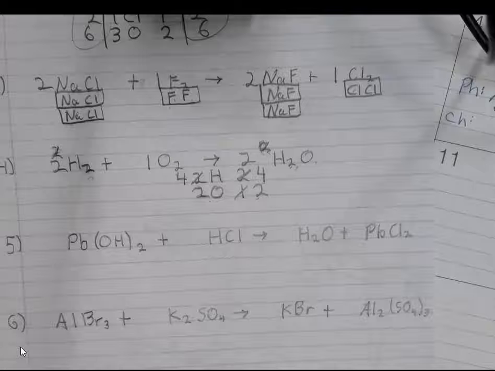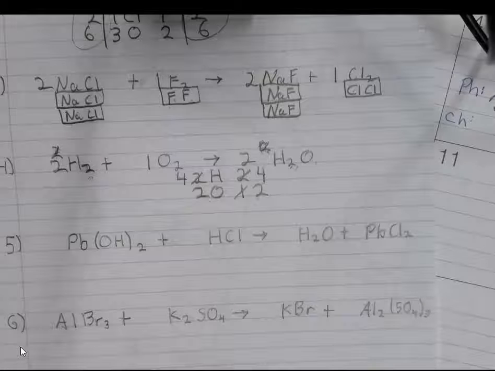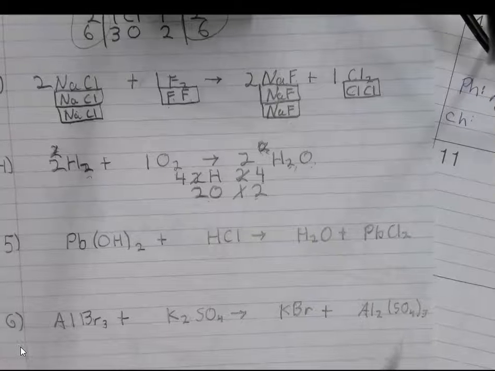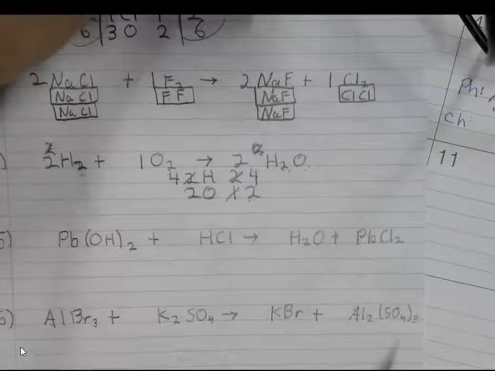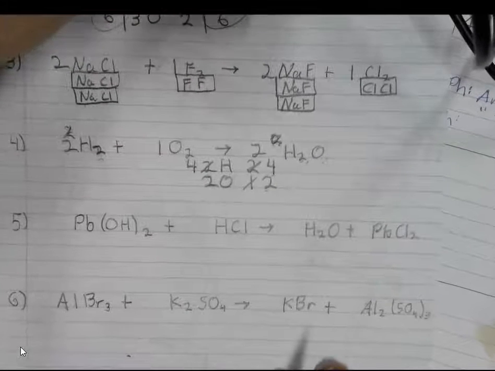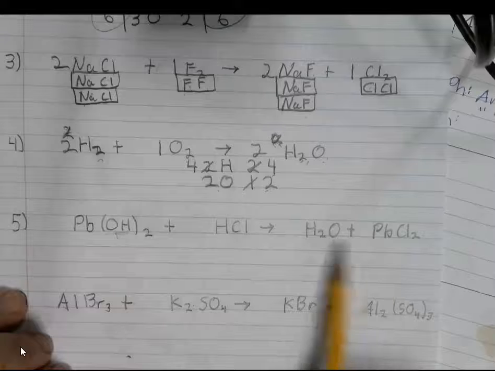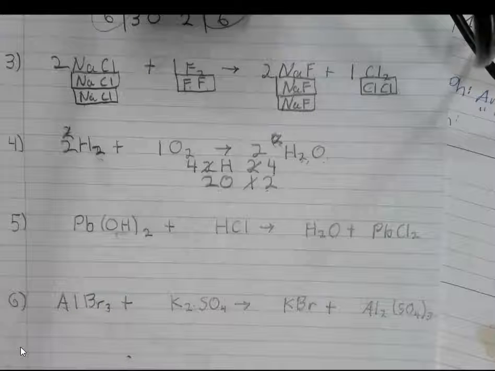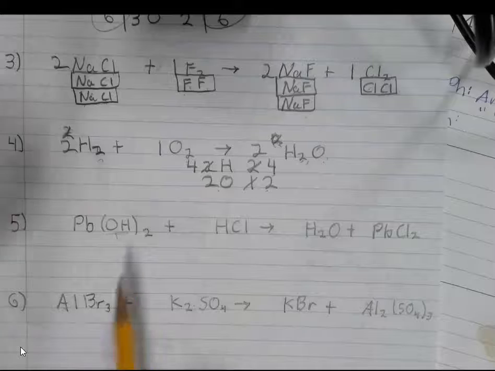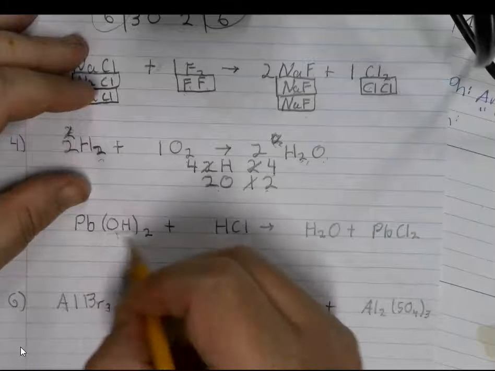Okay, let's do this next one. Let's do it using the box method. Now, remember what I said. I was going to say if you have a hydroxide, an OH on one side and another OH on the other side, you can just treat those like individual elements, but you don't have an OH on this side. So you're going to have to treat it as it is.